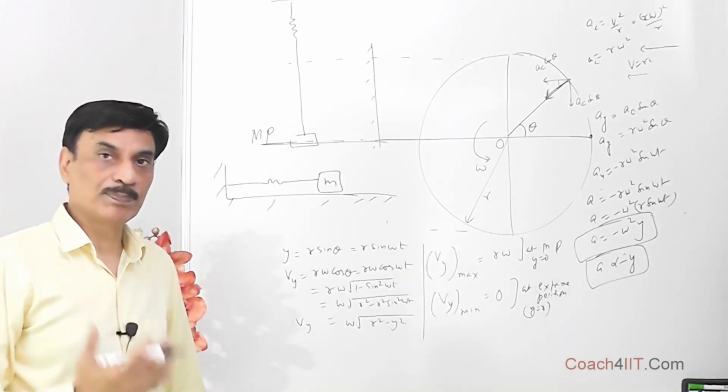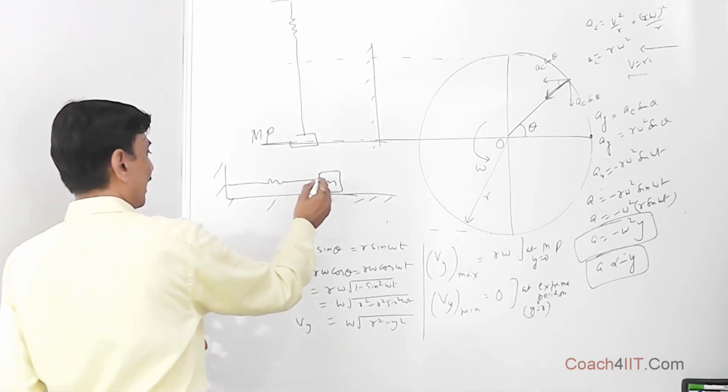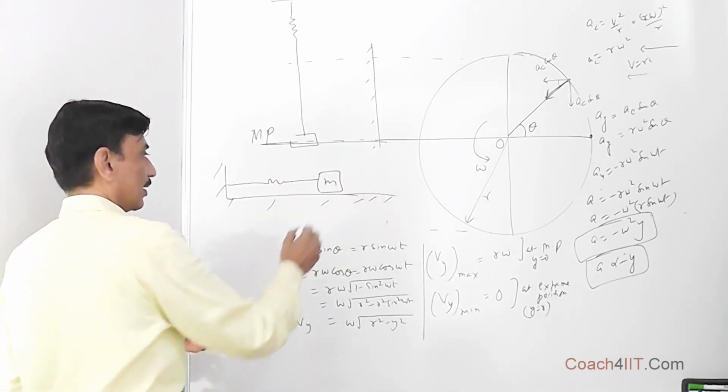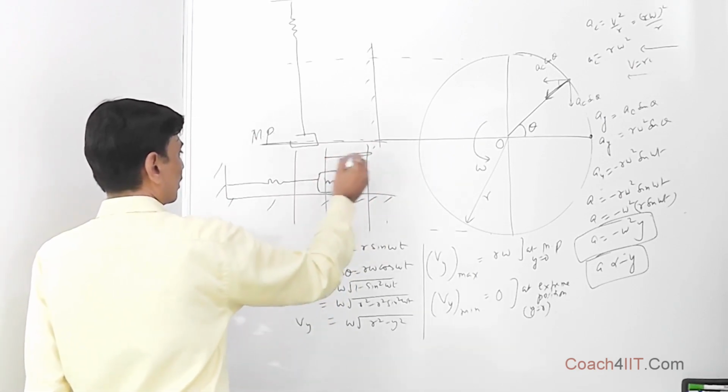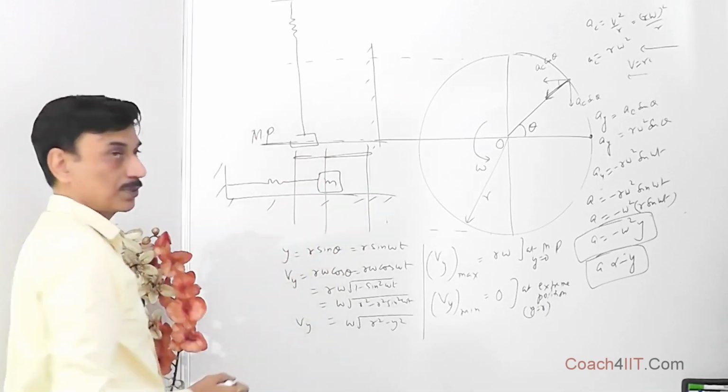Consider a simple case where a mass is attached to a spring on a horizontal frictionless surface. If it is pulled from here and released, it vibrates between these two extremes.